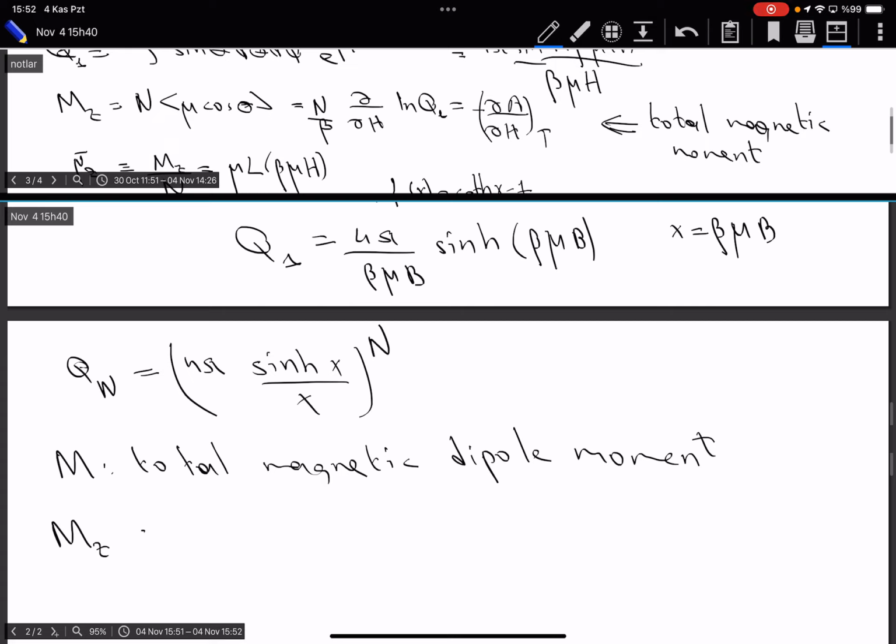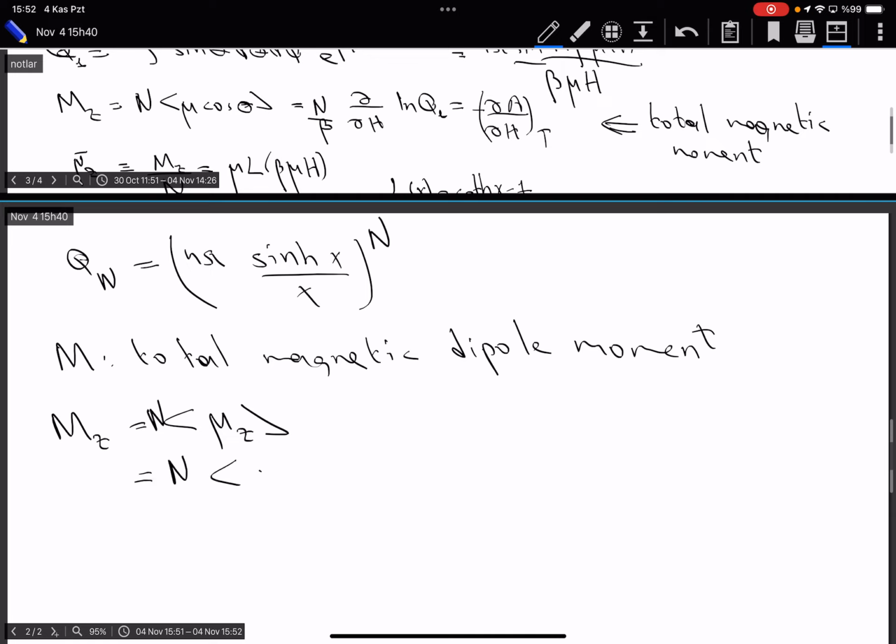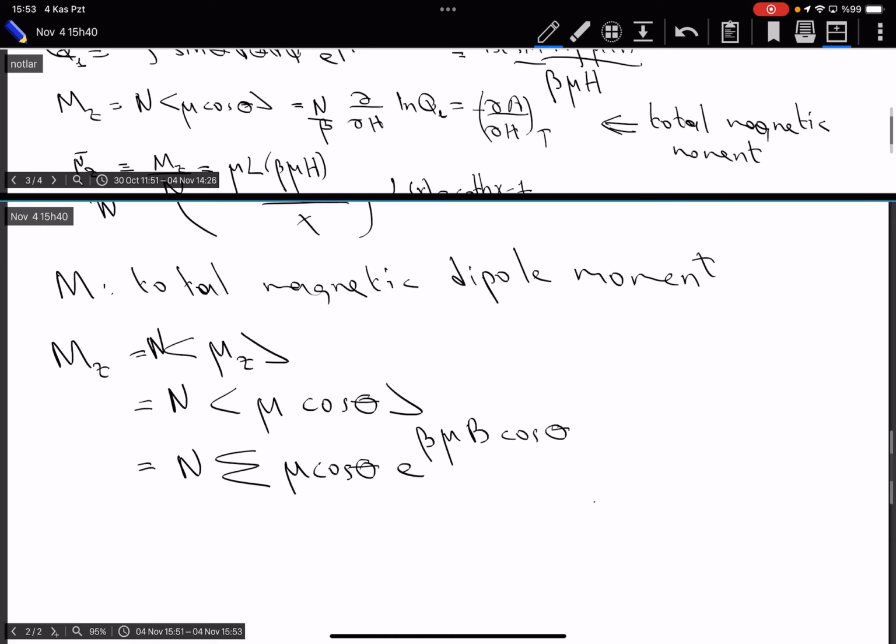So this will be just the average of mu_z times N, if we have N dipoles in total. So this will be N times the average of mu cosine theta, which will be N times the sum of mu cosine theta e to the power beta mu B cosine theta, divided by, without the mu, the sum of e to the power beta mu B cosine theta.